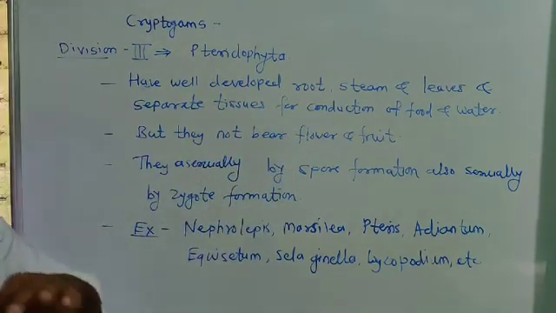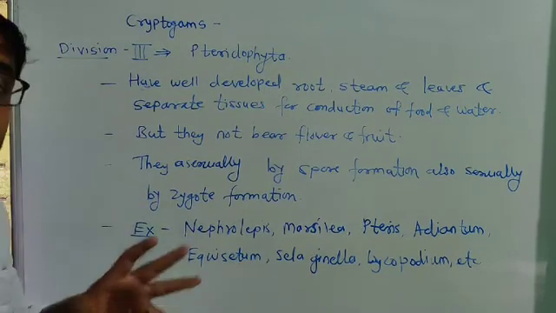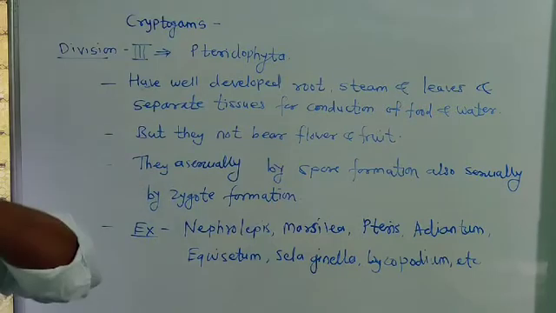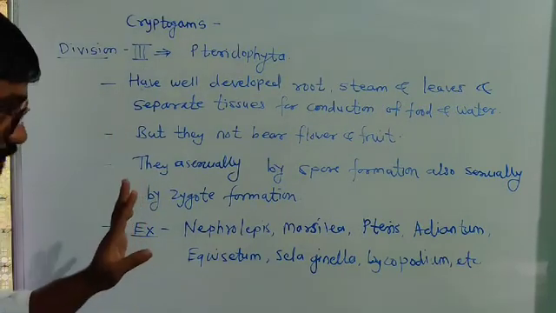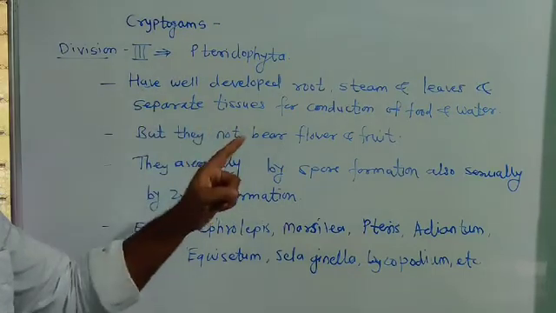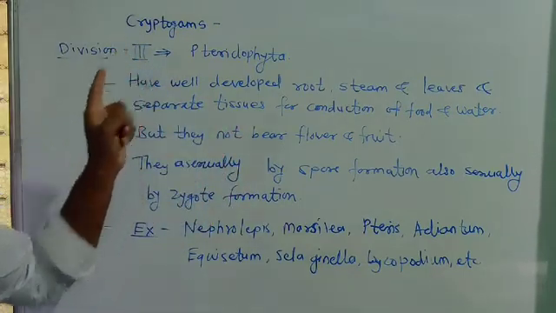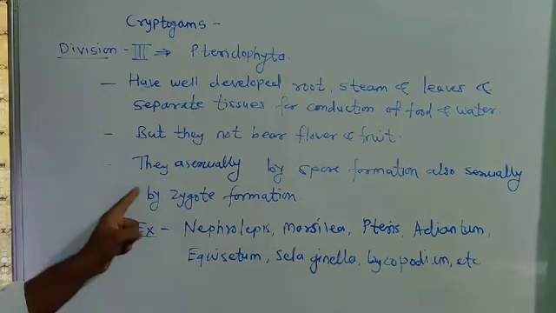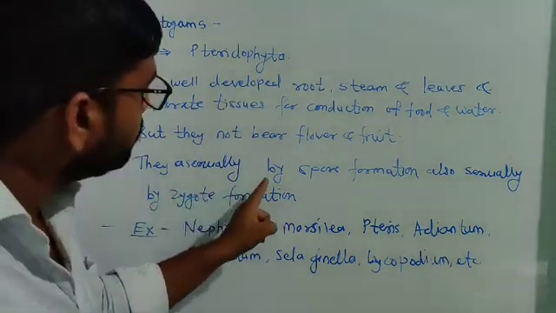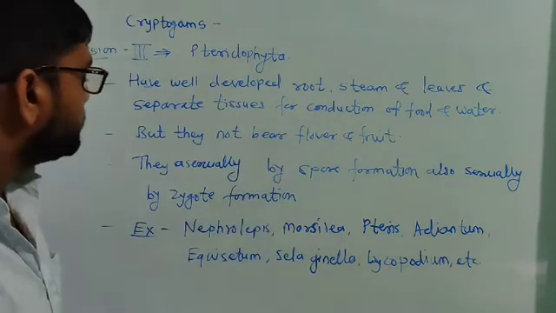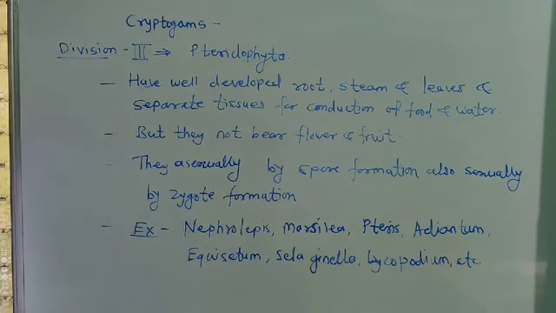Because they do not bear flower and fruit, it simply means they do not bear seed. And we know cryptogams means the plants which do not bear seed. That is why they fall under the category of cryptogams. Then they reproduce asexually by spore formation, and also sexually by zygote formation.